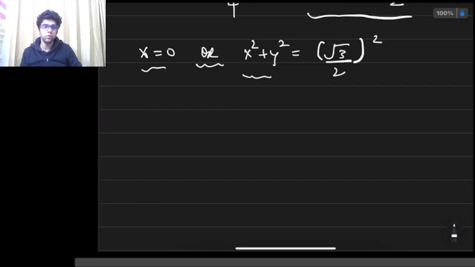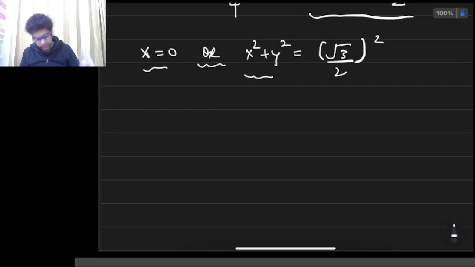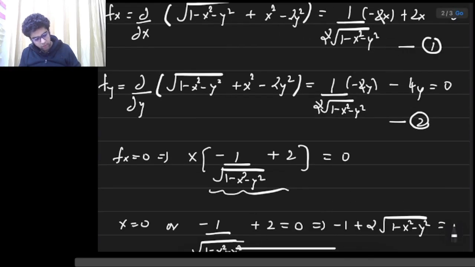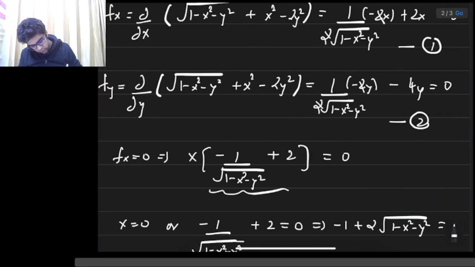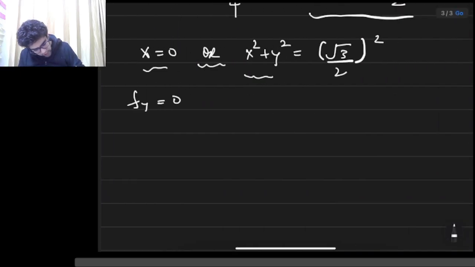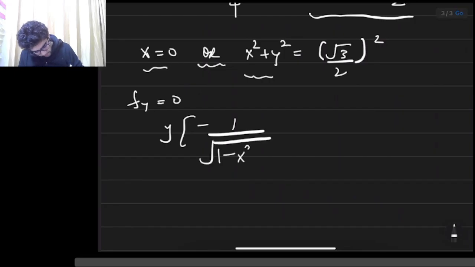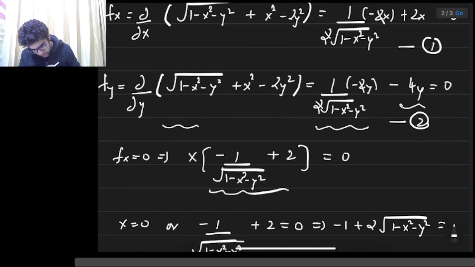So I would need to find the other set of conditions from equating the partial derivative with respect to y to 0. So now we are doing this. This is this expression, and we need to equate this whole expression to 0. So this gives me minus y upon, if I take y common, I'll be left with minus 4, I guess.